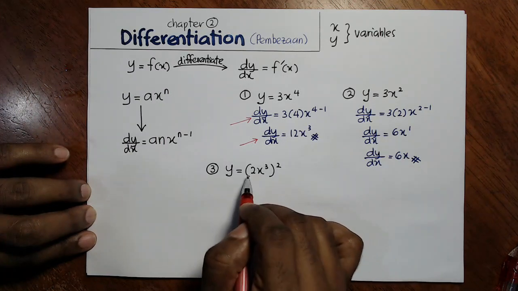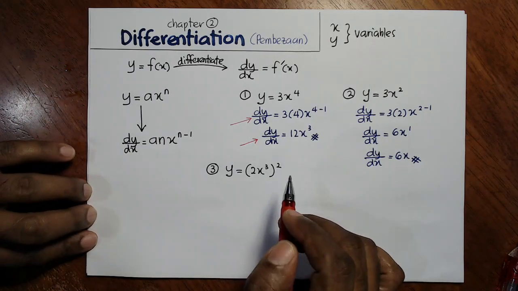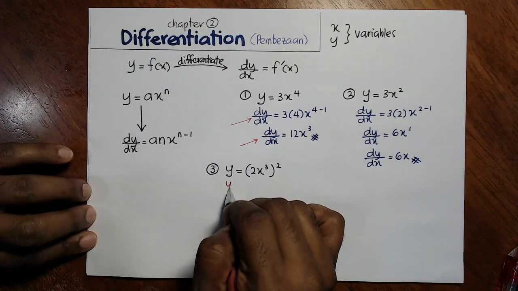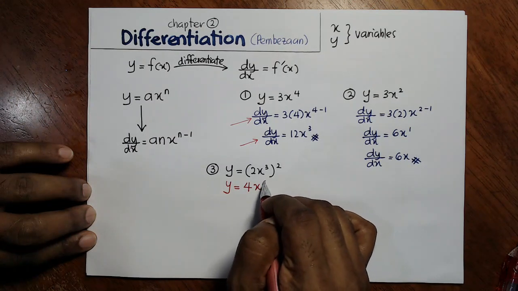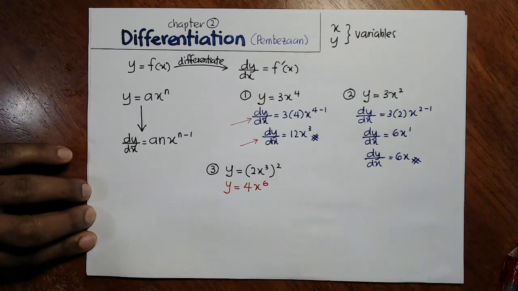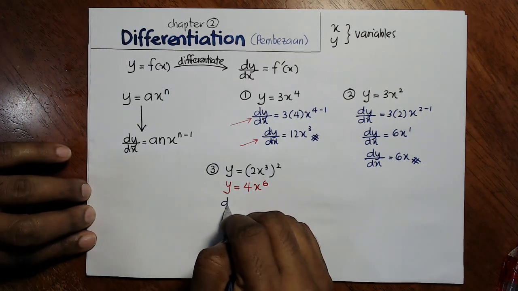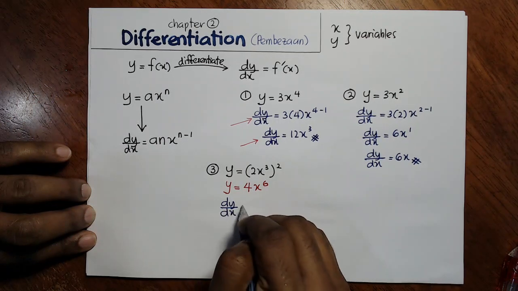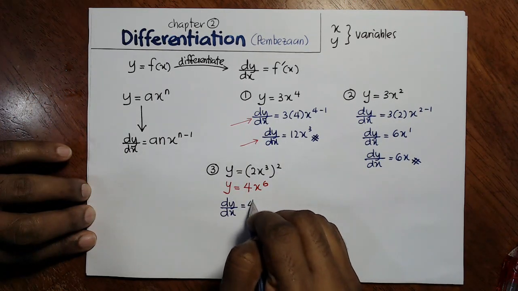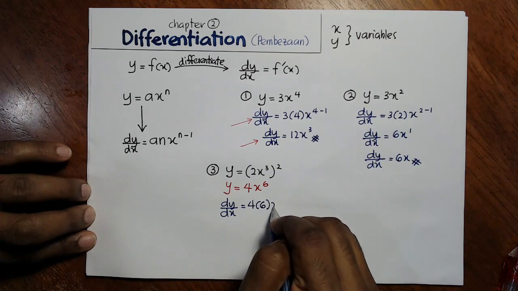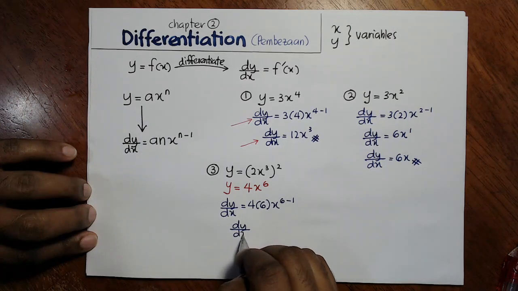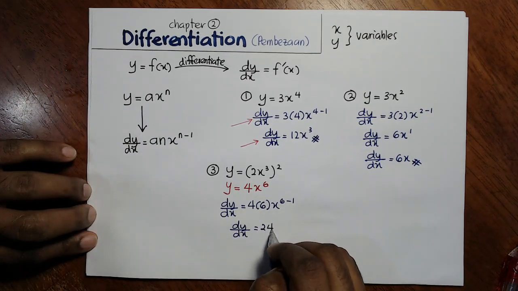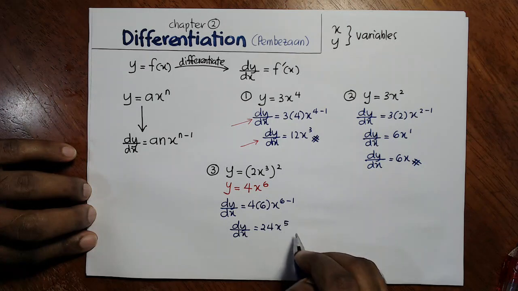We haven't done the differentiation, so the subject will still be y, and it will become 4x to the power of 6. Now you can differentiate that. The subject becomes dy dx equals 4 times 6x to the power of 6 minus 1. Therefore dy dx will be 24x to the power of 5.